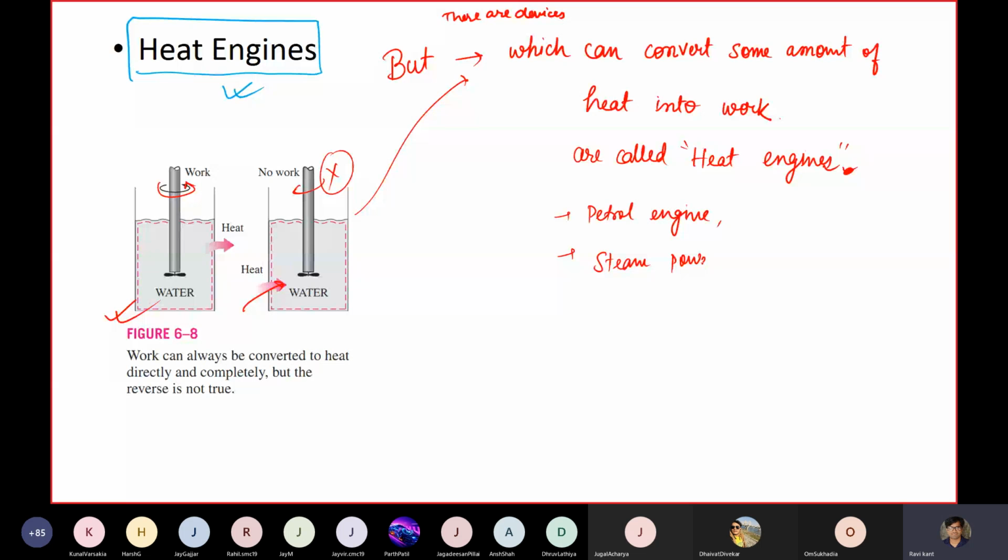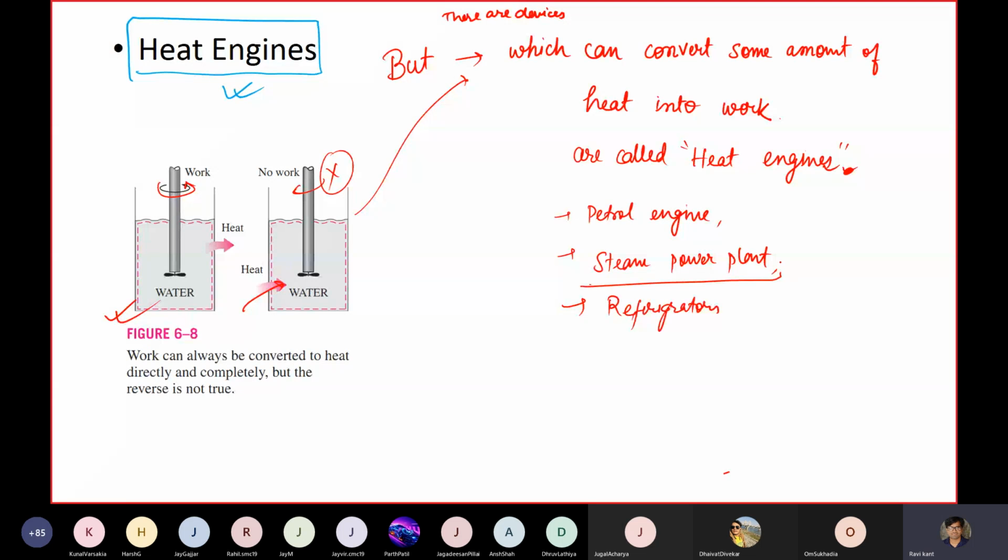Although the best-fit example for the heat engine is the steam engine, the petrol engine is basically a closed system, and this is some sort of open system.